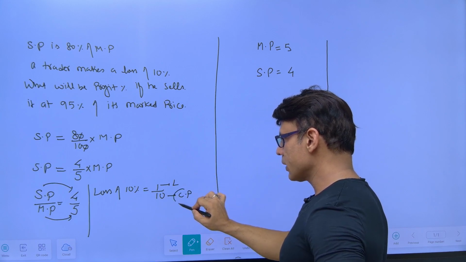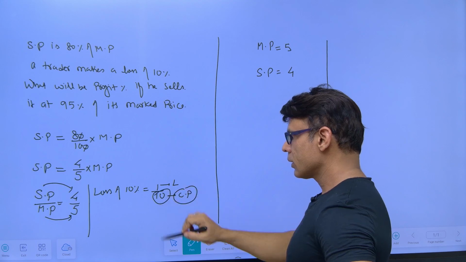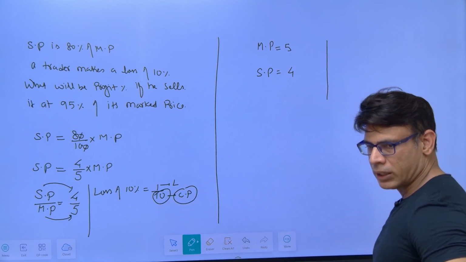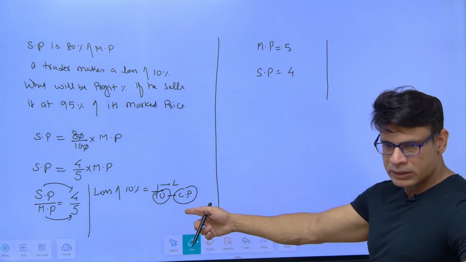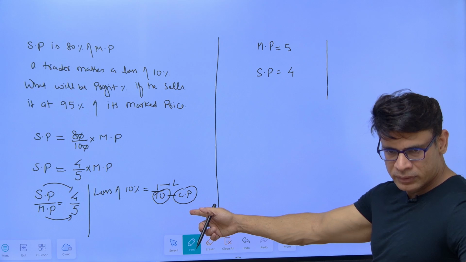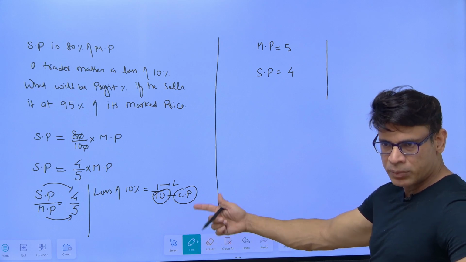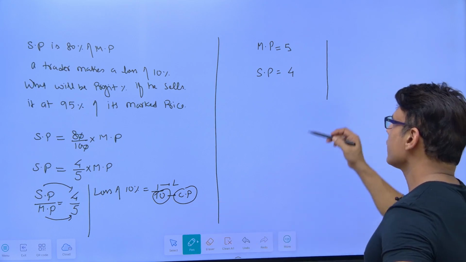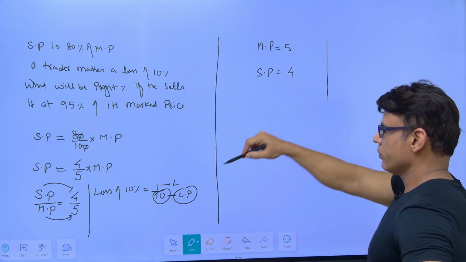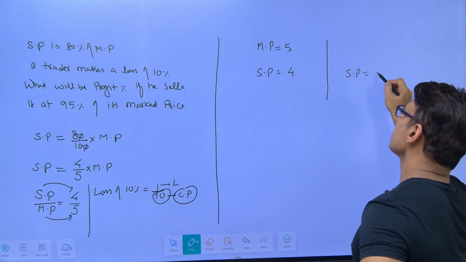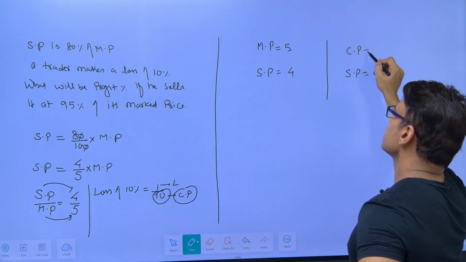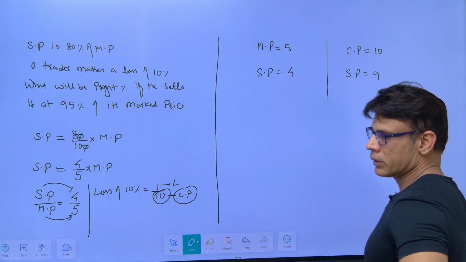While here what is happening? You purchase something for how many rupees? 10 rupees. And then you make a loss of 1 rupee. So what is the selling price in this case? 9 rupees. So in this part, selling price is 9 rupees and cost price is 10 rupees.